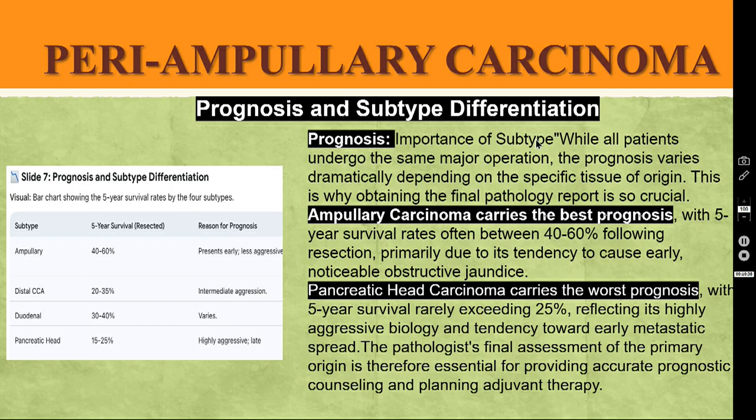So, the importance of subtype: while all patients undergo the same operation, prognosis varies dramatically depending on the tissue of origin. Already I told you, ampullary carcinoma has the best prognosis, 40 to 60% survive. Pancreatic head carcinoma, worst prognosis, 15 to 25%.